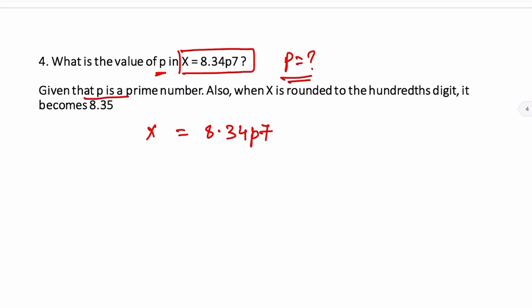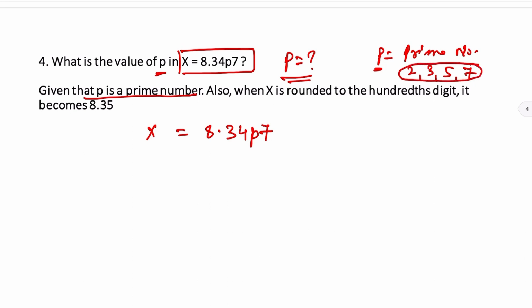Given that p is a prime number, okay, good. So p is a prime number. What value can it take? Because p is one digit, it can take values among the one-digit prime numbers, so 2, 3, 5, 7. So out of these four digits, it can take any of the values.